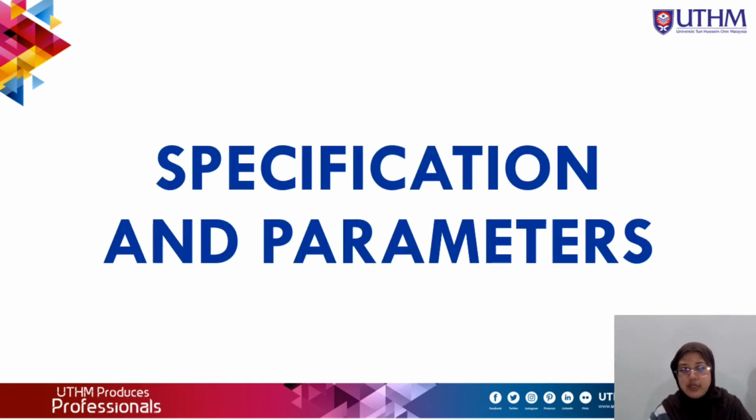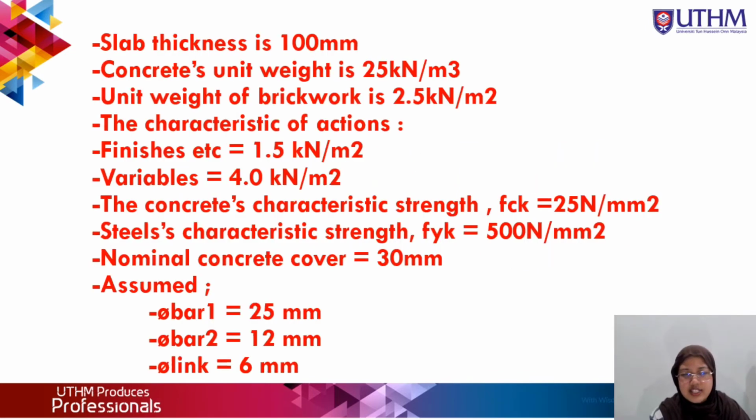Specification and parameters. Slab thickness is 100 mm. Concrete unit weight is 25 kN/m³. Unit weight of brickwork is 2.5 kN/m². The characteristic action: finishes is 1.5 kN/m². Variable action is 4.0 kN/m².